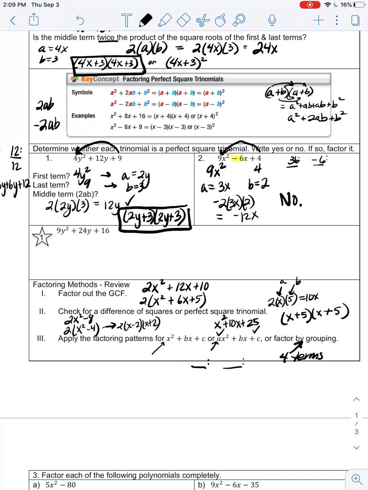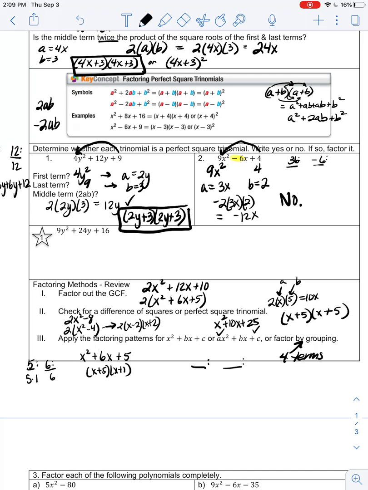If there's a leading coefficient of 1, then remember you can just do the shortcut there. So if it was x squared plus 6x plus 5, then you can just come up with 2 numbers that multiply to 5, add to 6, that's 5 and 1, and then go straight to x plus 5, x plus 1. Remember, you cannot do this though if there is a leading coefficient.